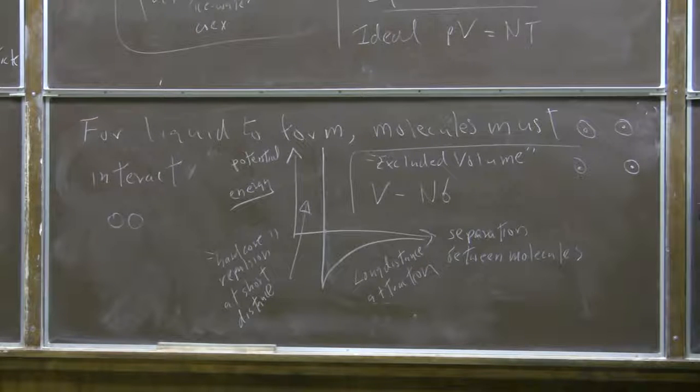Internal energy will include delta U, and then a sum over all pairs of particles. i and j are labels for the particles. ij in brackets means a particular pair.